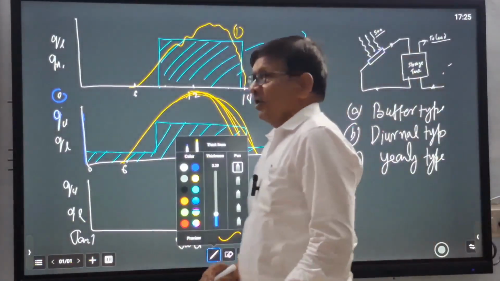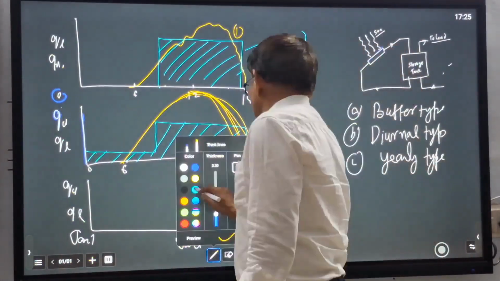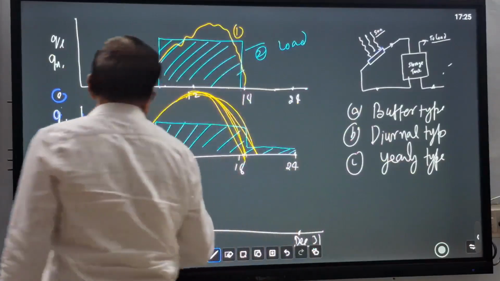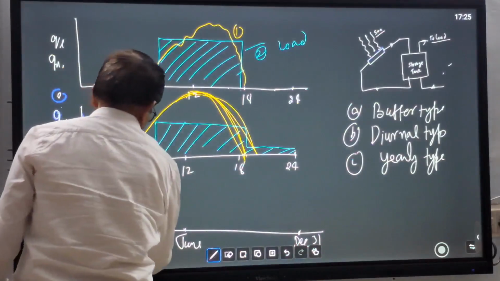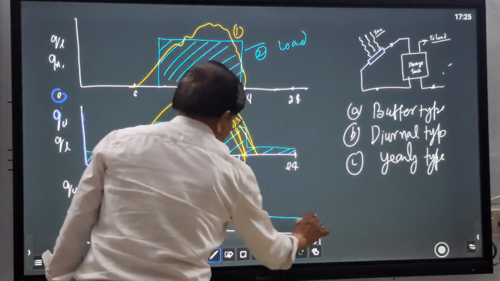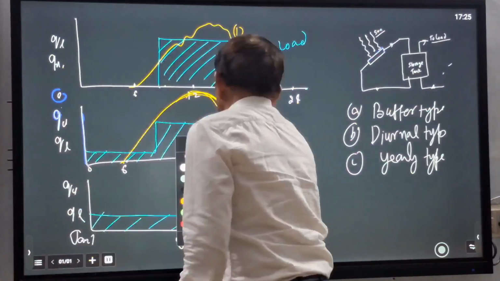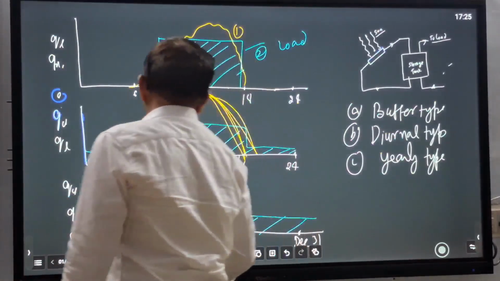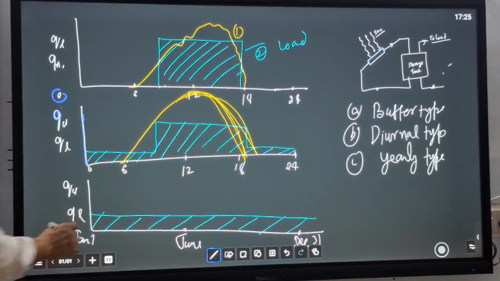And the third one is energy storage for the whole of the year. When the load requirement remains almost constant for the whole of the year, the energy storage system will look like this.